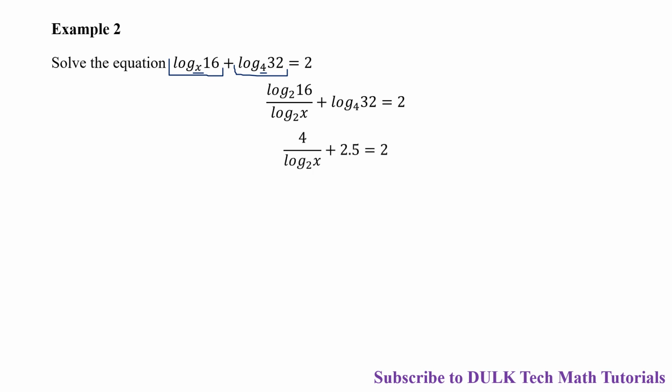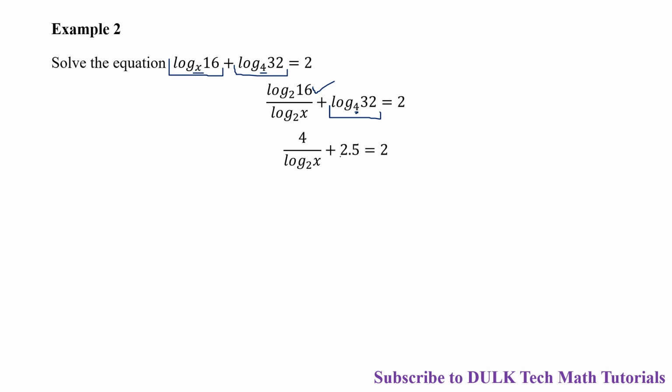Then if we simplify log 32 base 4, there's no need of expressing this one in base 2, since we can evaluate what's the power that we raise 4 to for us to get 32. It is 2.5, right? So log 16 base 2 in the numerator simplifies to 4, because 2 to the power 4 is 16. So by definition, this one simplifies to 4. So we end up having this one.